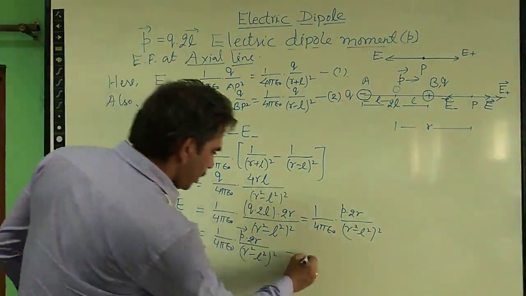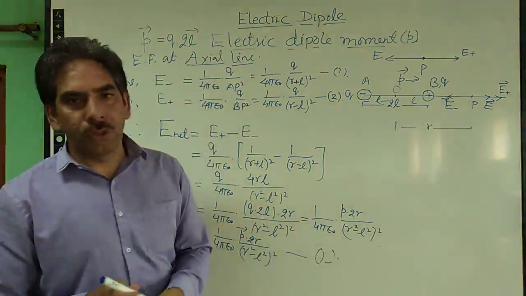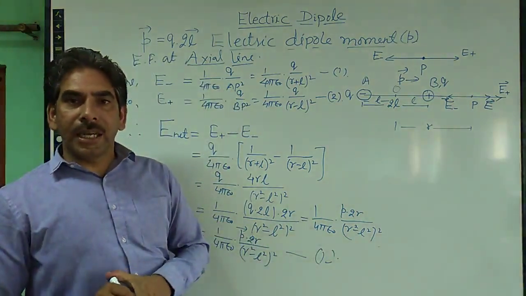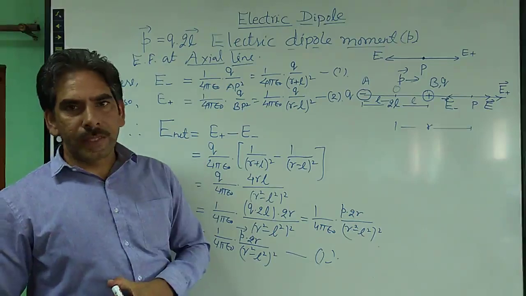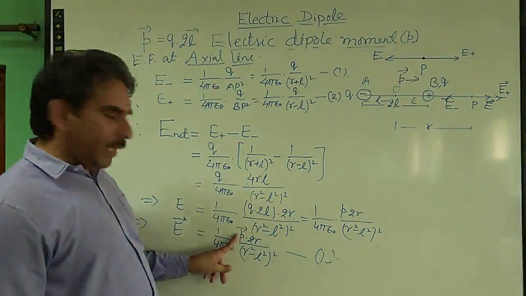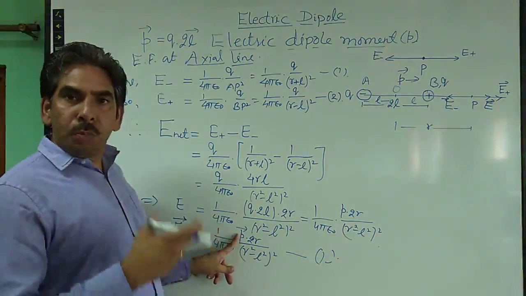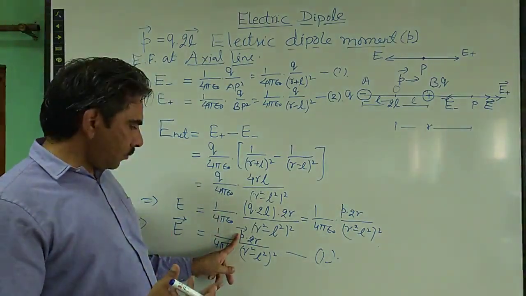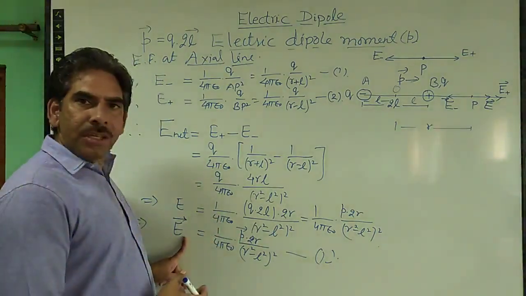So this is the electric field due to an electric dipole at the axial line. So you can think about here, if P of an electric dipole is more, then the electric field will be stronger.